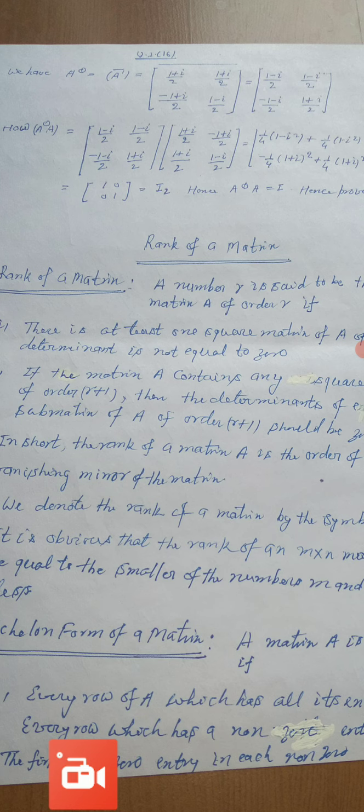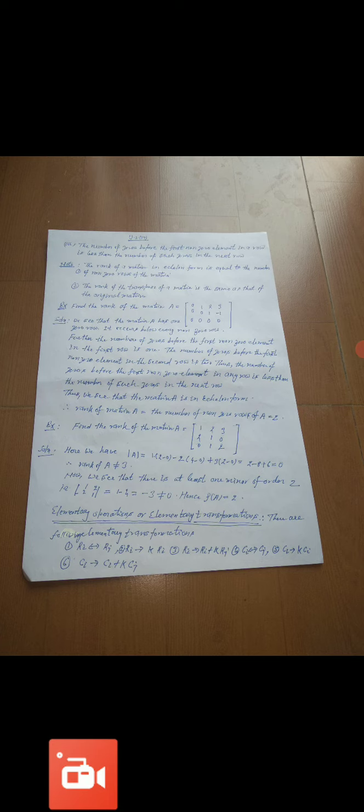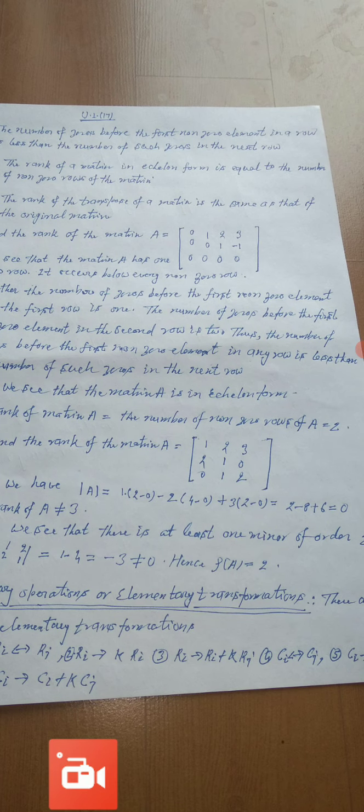This is very important. And third, the number of zeros before the first non-zero element in a row is less than the number of such zeros in the next row.